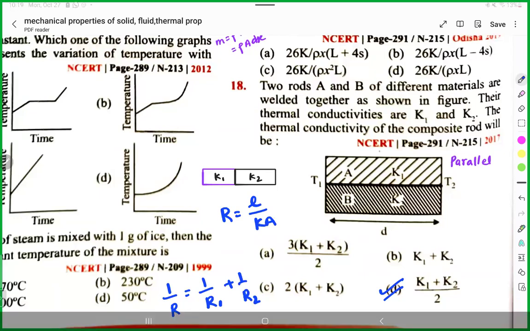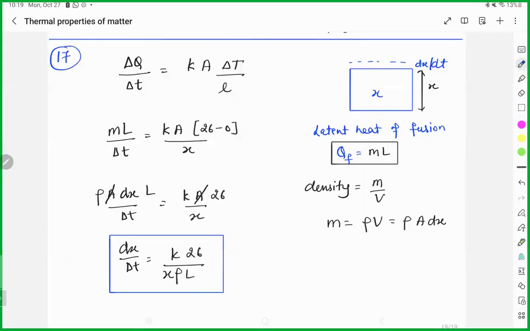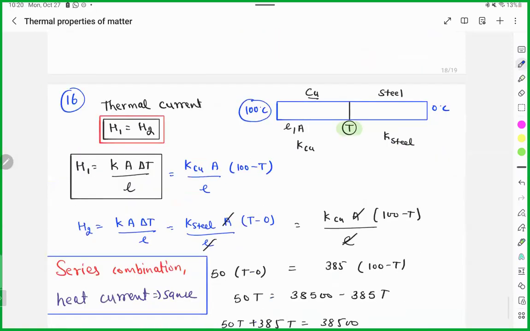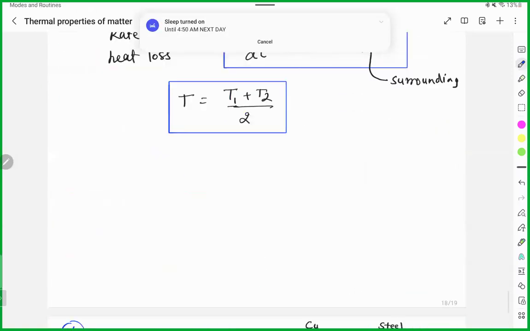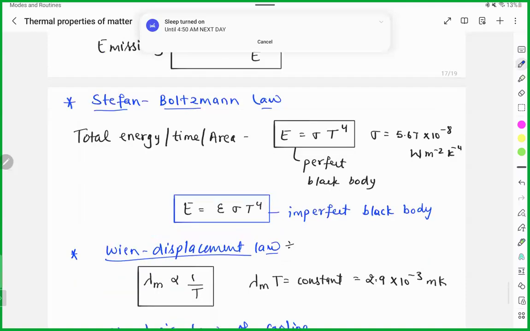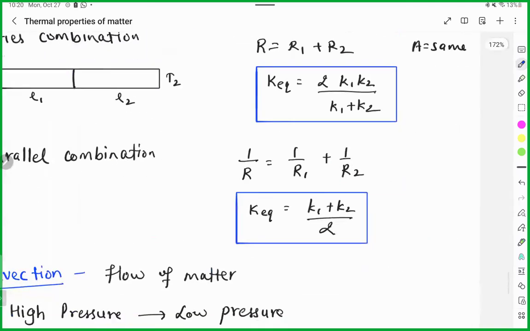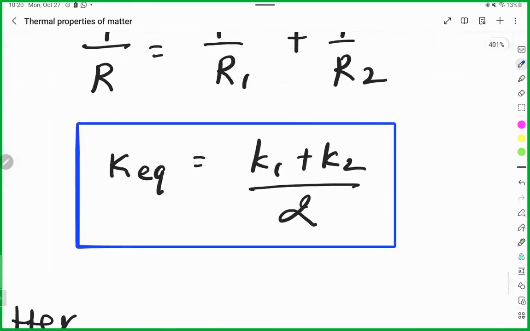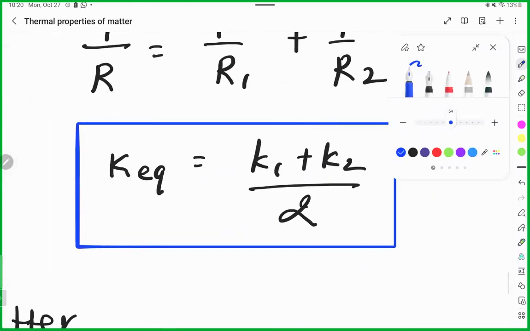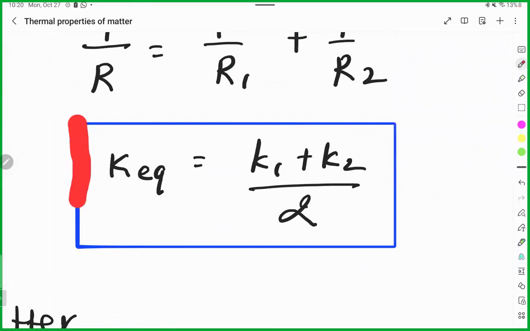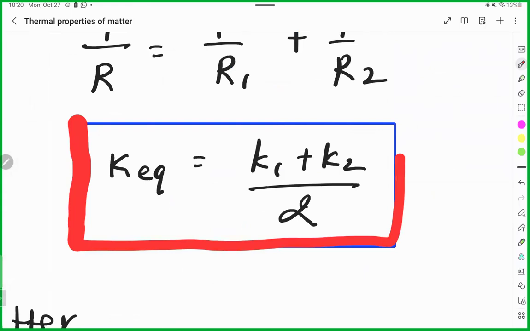And now you look at this parallel combination. This was the direct formula they asked. So you can mark this as extremely important because they asked a direct question.